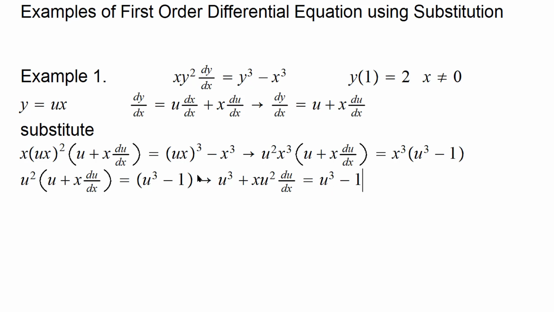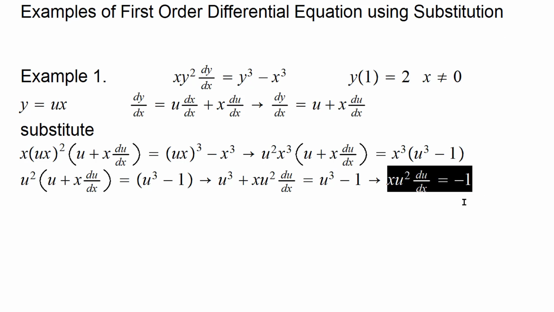So now what's going to happen? This u cubed and u cubed on this side will cancel, so we cancel the u cubed on both sides. Okay, so we get x u squared du/dx equals -1.